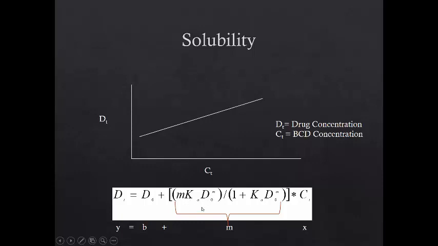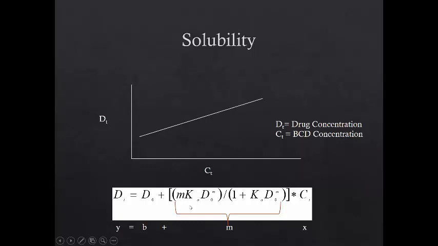Remember, we talked about the fact that every system is dependent upon affinity and capacity. So we have an affinity and capacity component here. Capacity is how many of these donuts we're going to have in here. Now, it is arranged this way because it's linear. You know the equation for a line is y equals mx plus b. That's the same arrangement here, because our y value is our drug concentration, and our x value is our beta-cyclodextrin concentration.